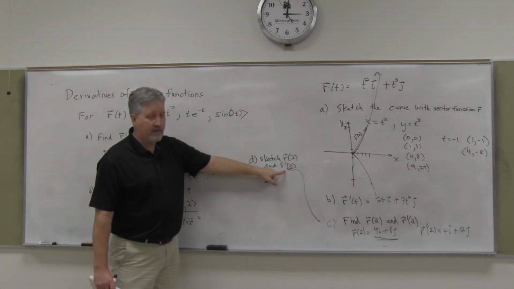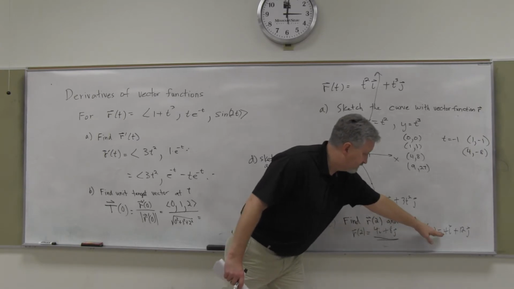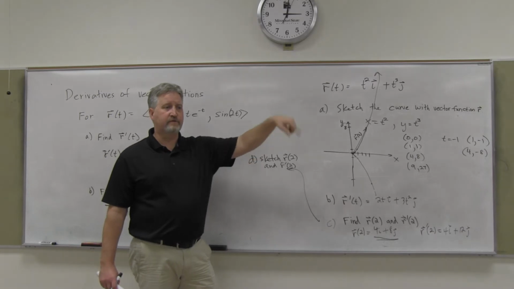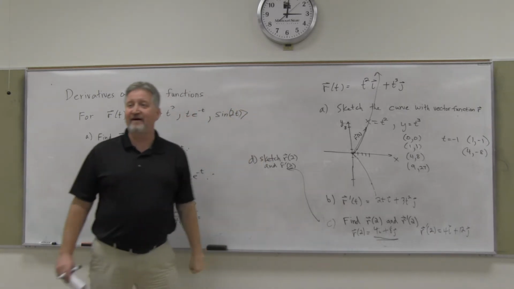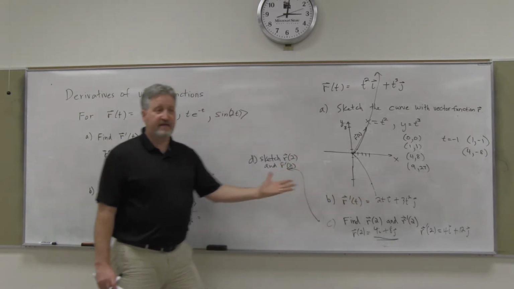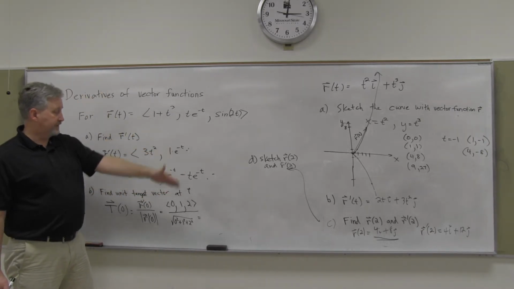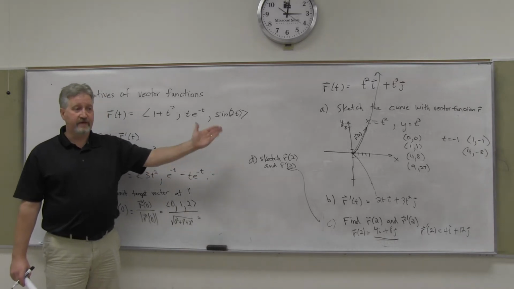Now, r prime of 2, well, this is what r prime of 2 is. It's 4i plus 12j. And so that's horizontal 4. But to put it in the appropriate spot, what is r prime? Well, it's that tangent vector. We didn't make it a unit vector like here, but it's just that tangent vector at that particular point.